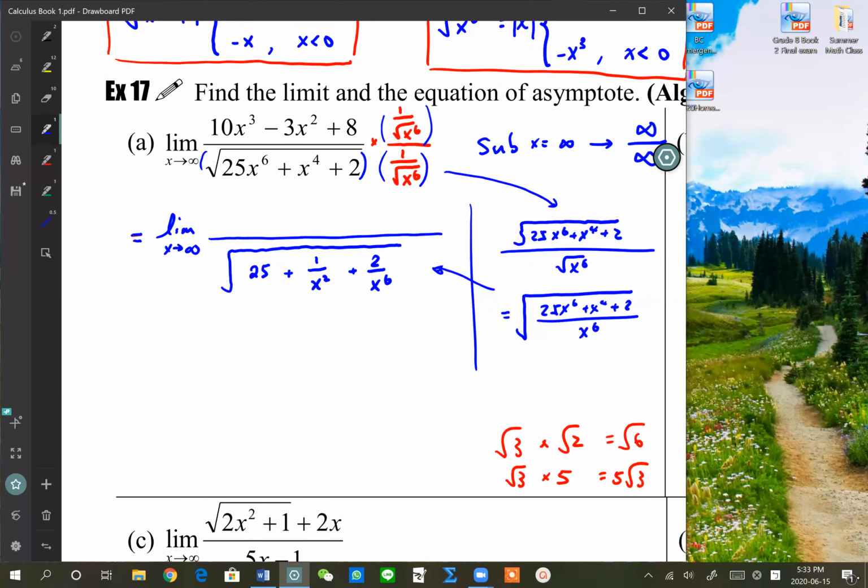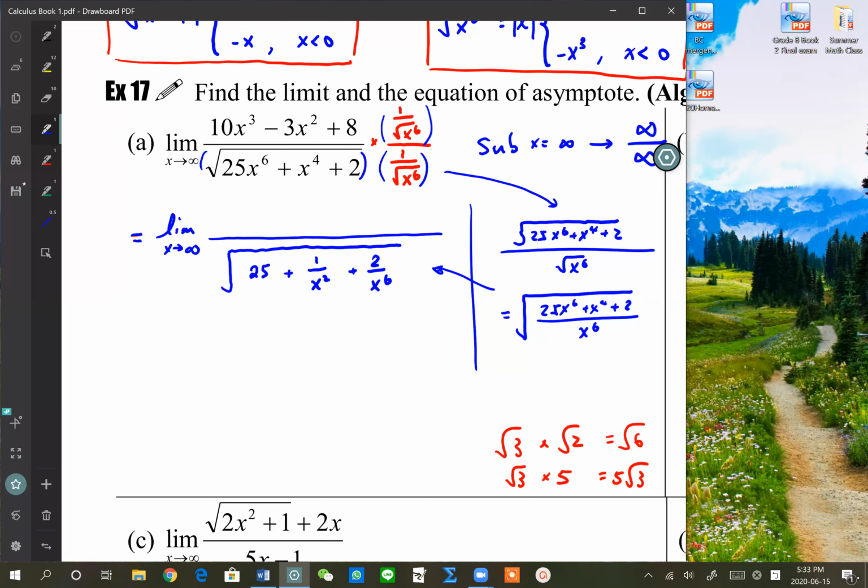For the numerator, you just put the 10x cubed, that top part, and divide it by root x to the 6. My question is just the root x to the 6. Can we simplify that first?